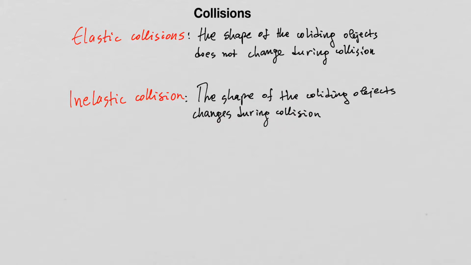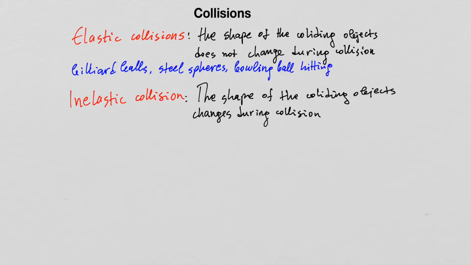So let's give the examples for the two types of collisions. For elastic collisions, we have billiard balls colliding with each other, or steel spheres colliding with each other, or a bowling ball hitting bowling pins, or any such type of collision where the shape of the colliding objects does not change.